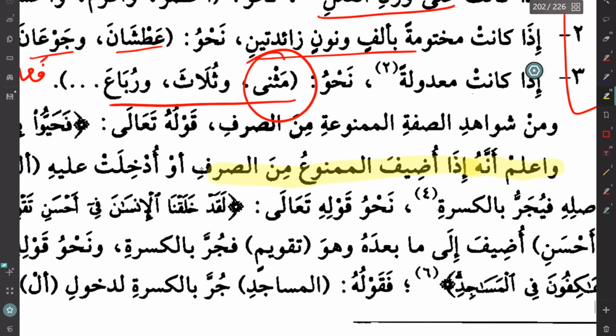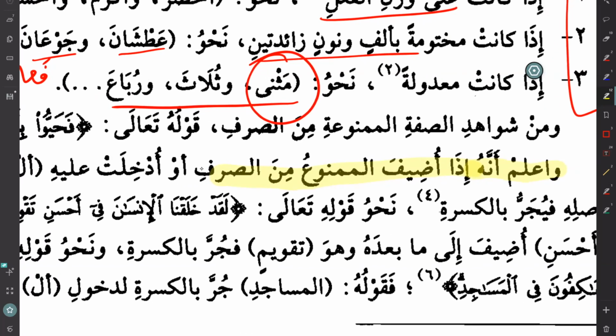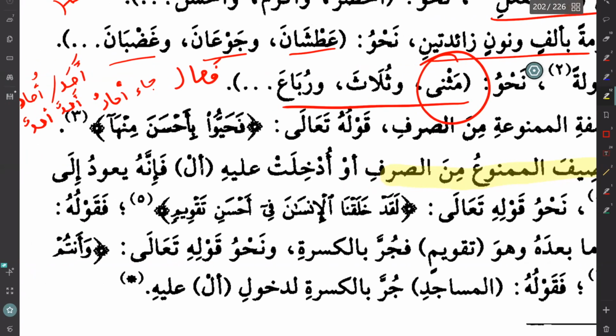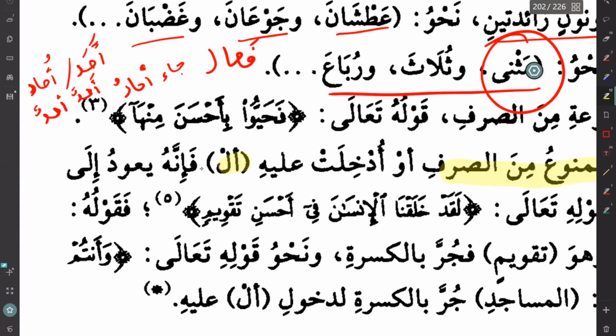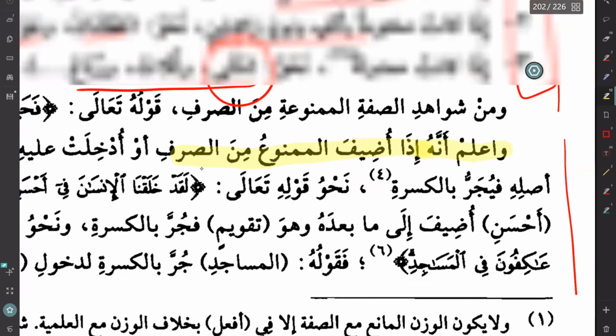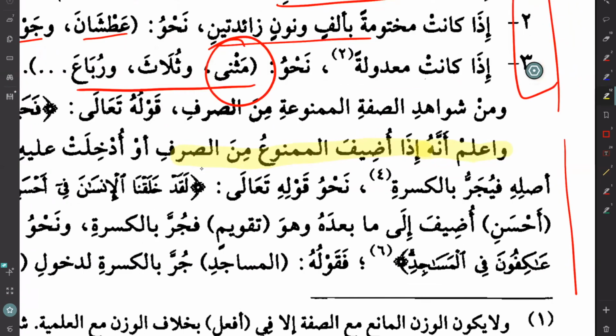When the mamnu min as-sarf word comes as the first word, or mudaf, or udkhilat alayhi, or you add alif lam on these words, then it returns back to its asl.